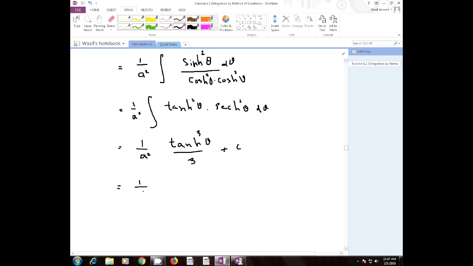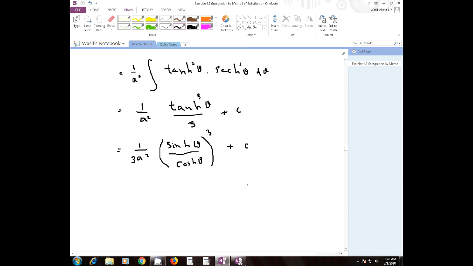You have 1 divided by a square multiplied by 3. Tan hyperbolic cube theta is equal to sine hyperbolic cube theta divided by cos hyperbolic cube theta. You can write these two cubes into a single combined cube plus a constant of integration.